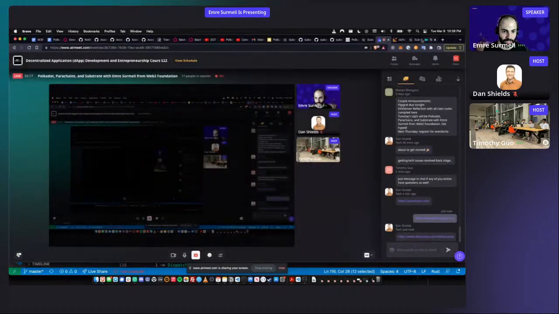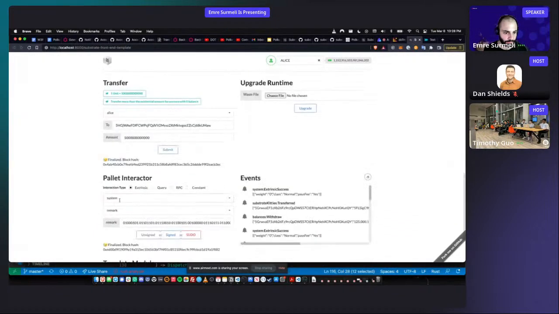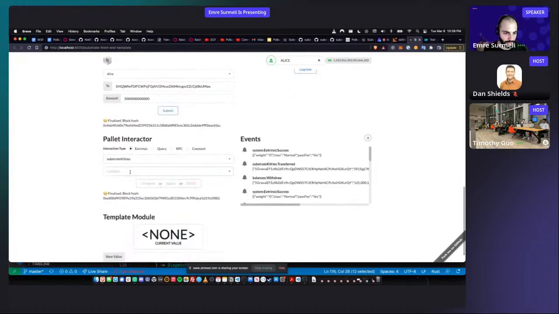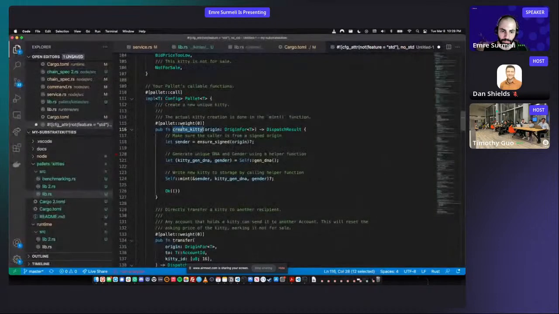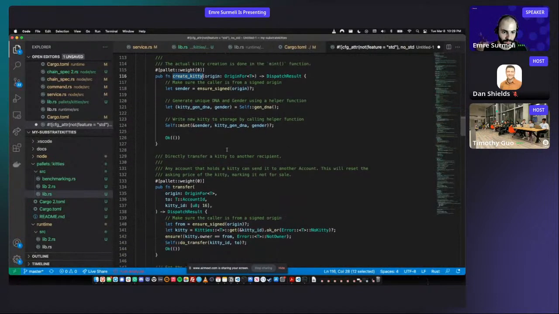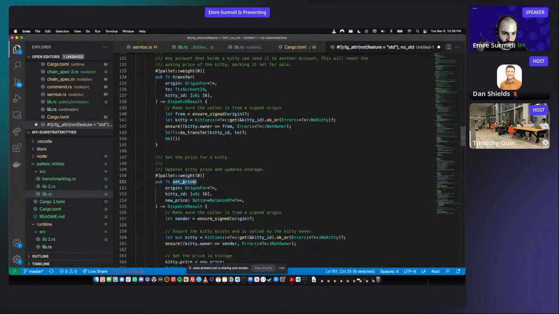So if I was to go to my front end, look at my pallet interactor, click my Substrate kitties pallet, I can see that there's the create kitty function, right? So this is exactly where that is defined. We have a function called transfer. We have a function called set price.